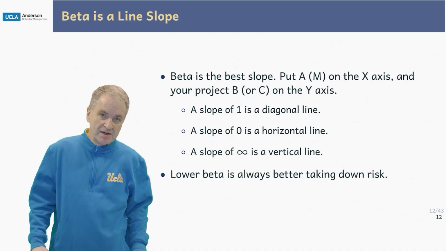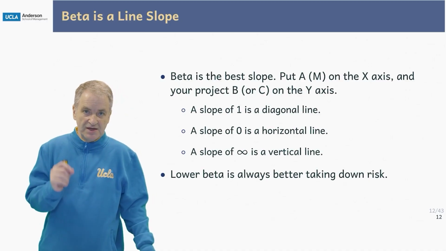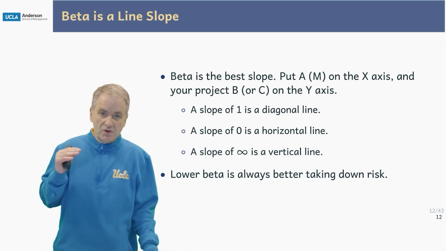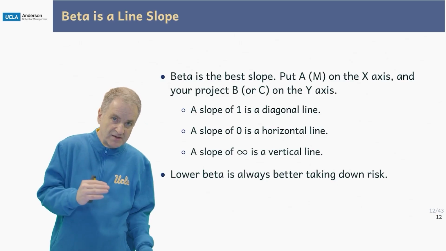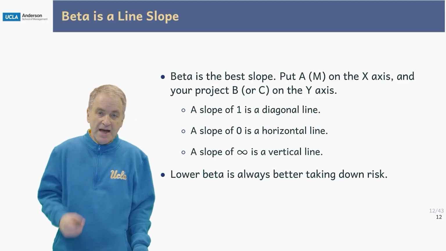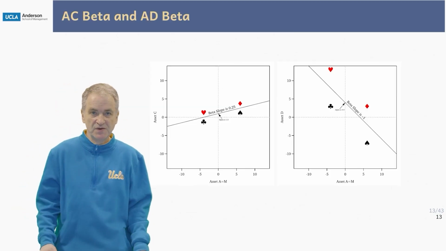And what you want for diversification purposes is something that has less correlation with the market, which is the portfolio that you hold. So the more negative the beta is, the better it is for taking down your risk. Ideally, it would be minus infinite, but of course, it's never minus infinite.